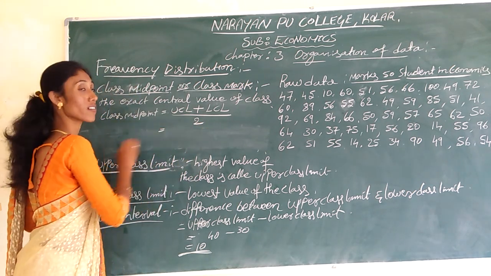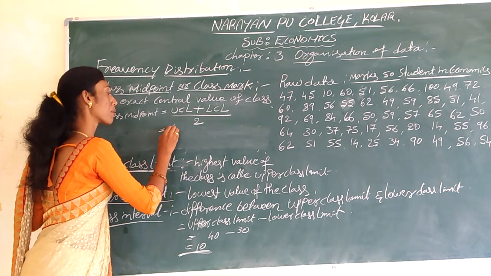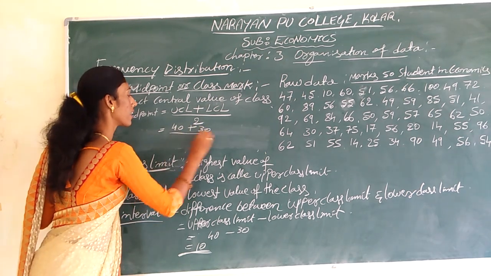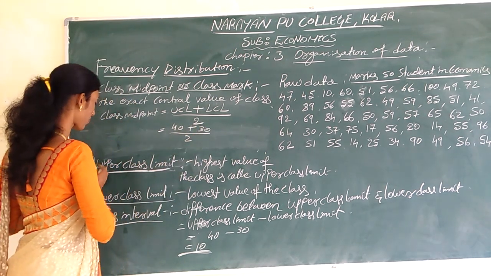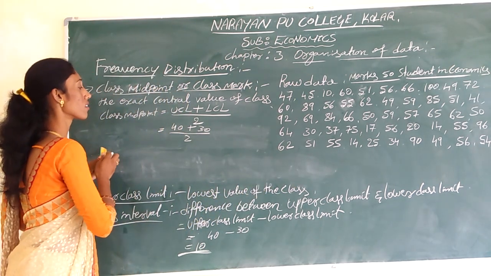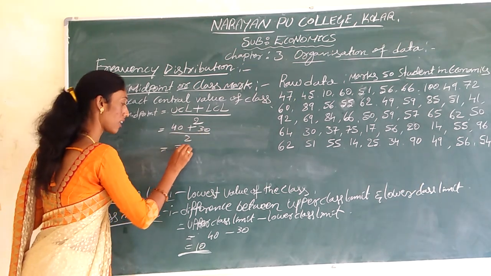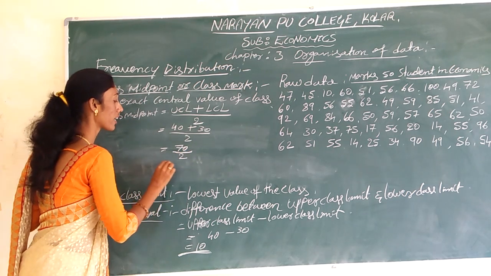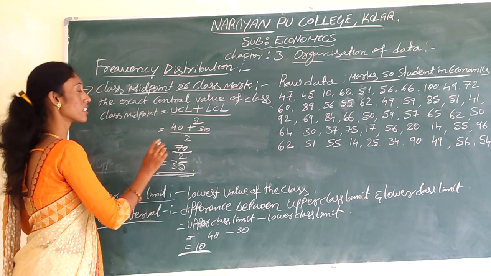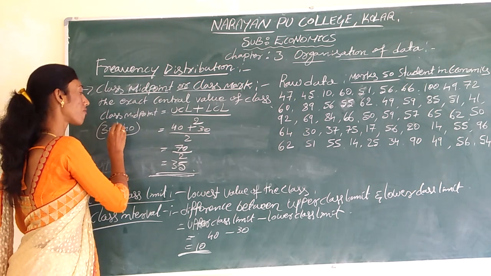Here, if we take the class 30 to 40, the upper class limit is 40 and the lower class limit is 30. 40 plus 30 is 70, and divided by 2 we get 35. It means the exact central value of the class 30 to 40 is 35.